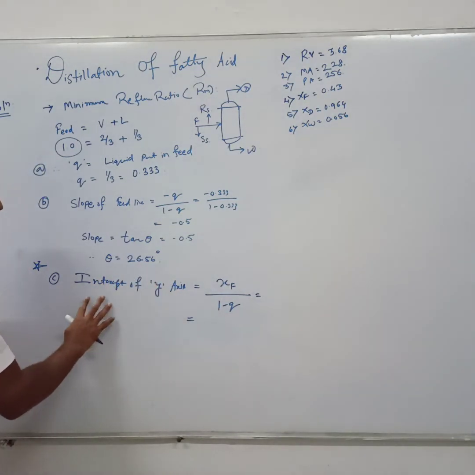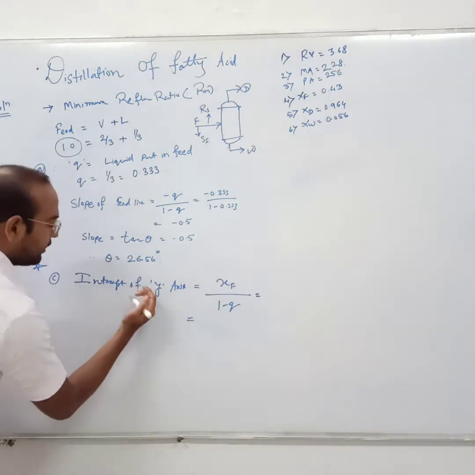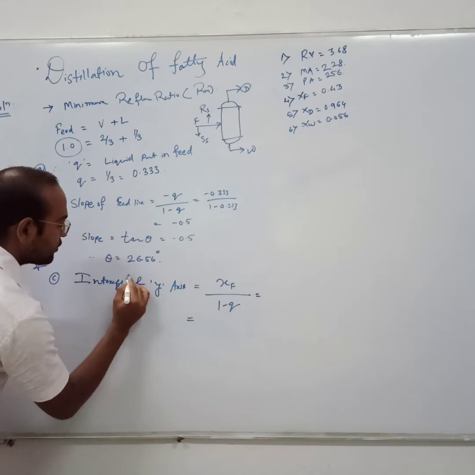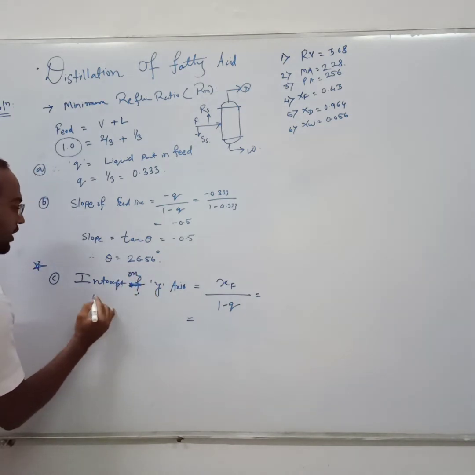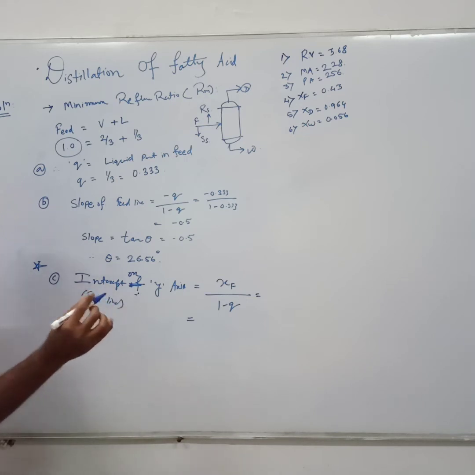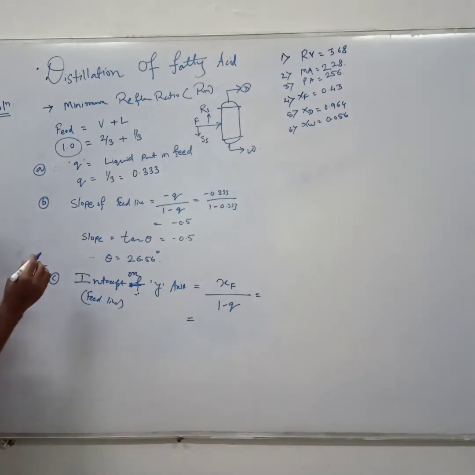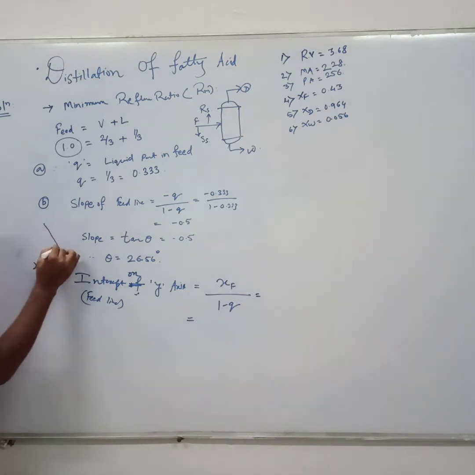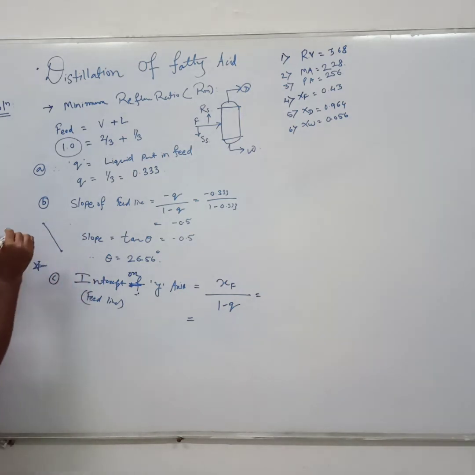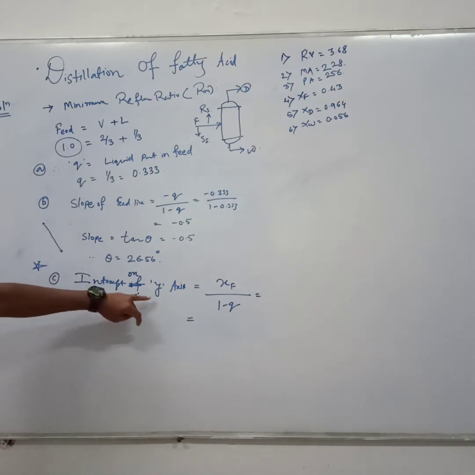We are initially finding intercept on y-axis for what? For feed line. To draw any single line, you need at least 2 points. Then only you are able to draw this single line. If you are having only 1 point, then it's difficult to draw or start and end the line. So that's why you need intercept on y-axis.